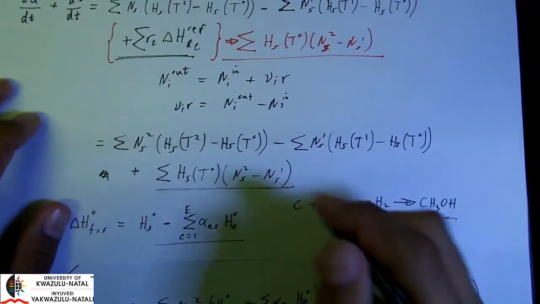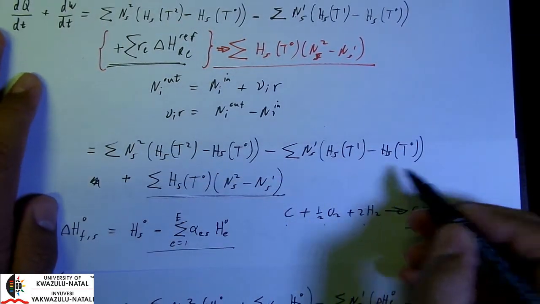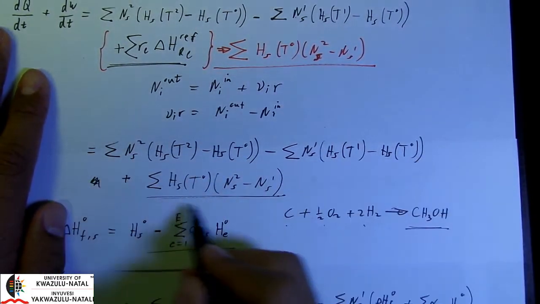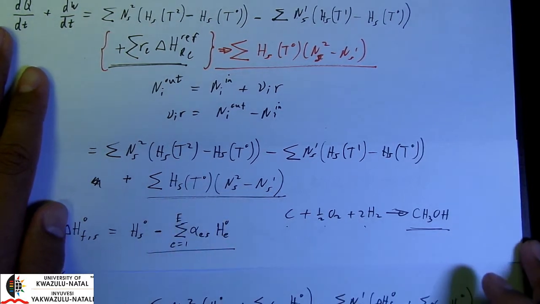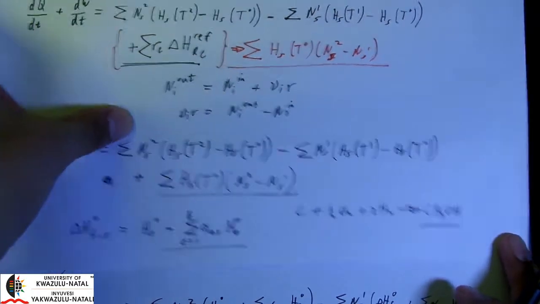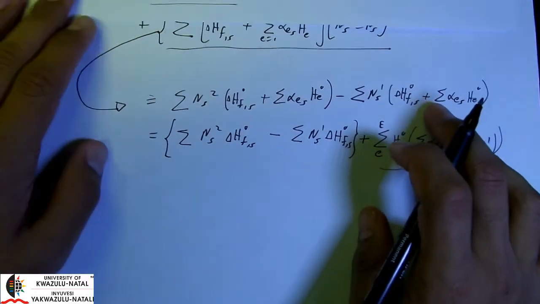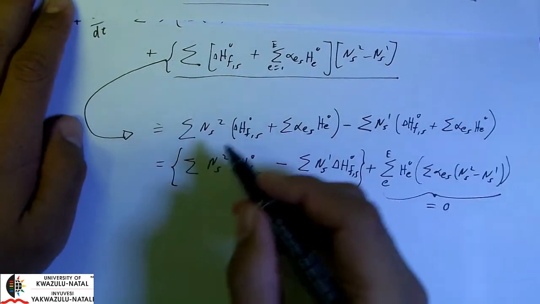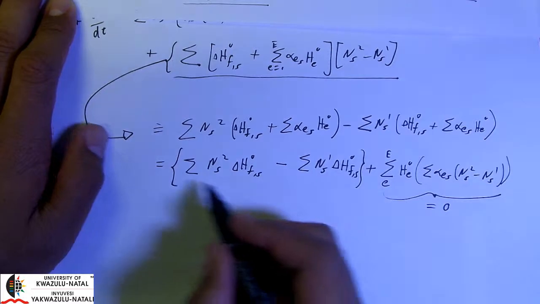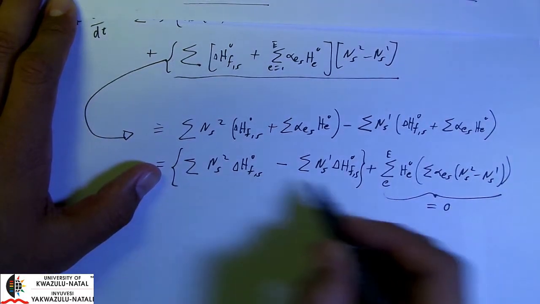Here is our original energy balance: output minus input plus our production or consumption rates. So instead of this term here, I'm going to simply plug in these two summations.